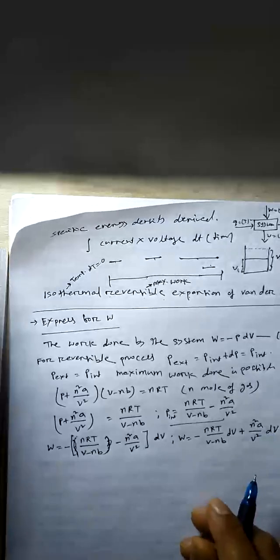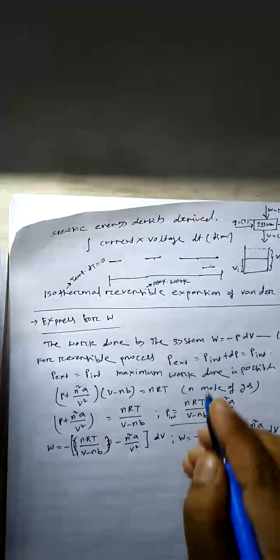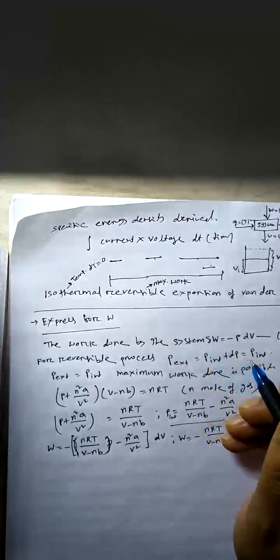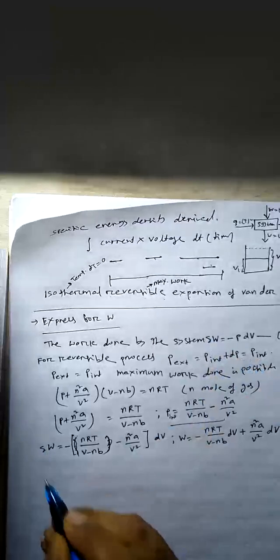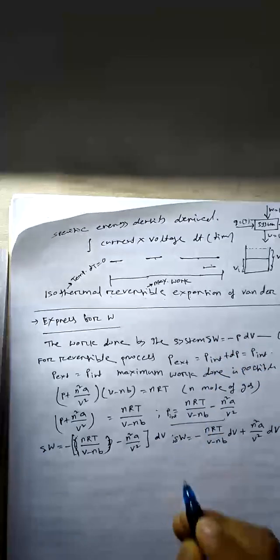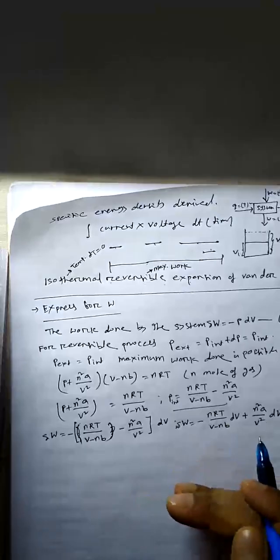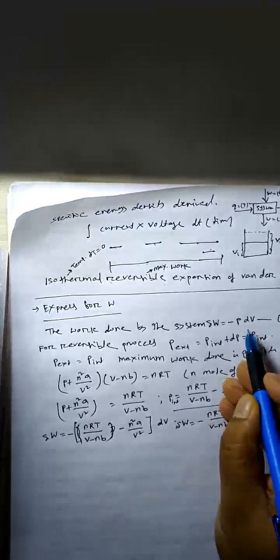Now you integrate. You remember this is the work done, you can write del. No problem. If you write del here, you also write del here, because change in work we have to find out, because dV is a small change in volume.